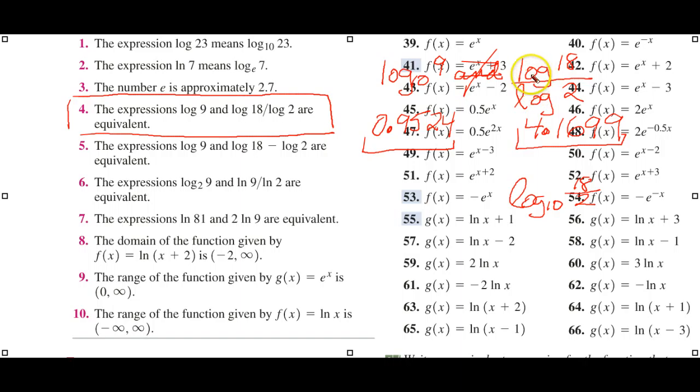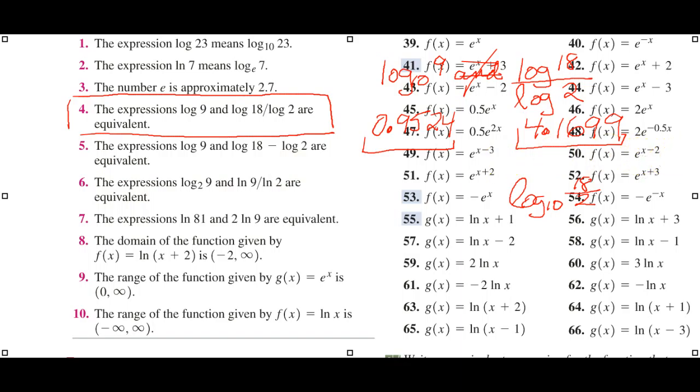But when you have log of 18 divided by log of 2, then these are not equivalent. All the others are true. And it's probably worthwhile to go through each of these and take a look at them.